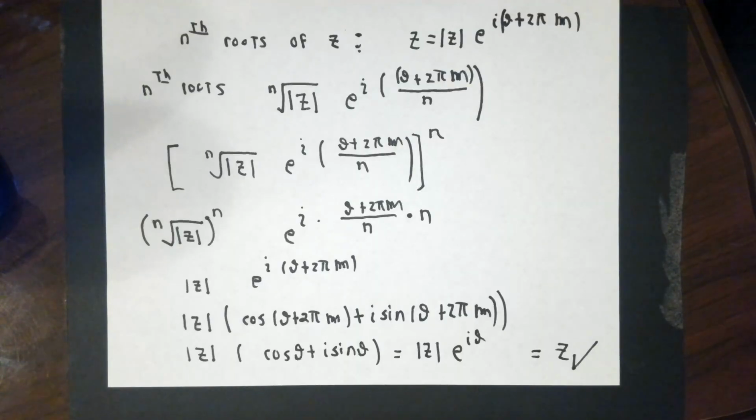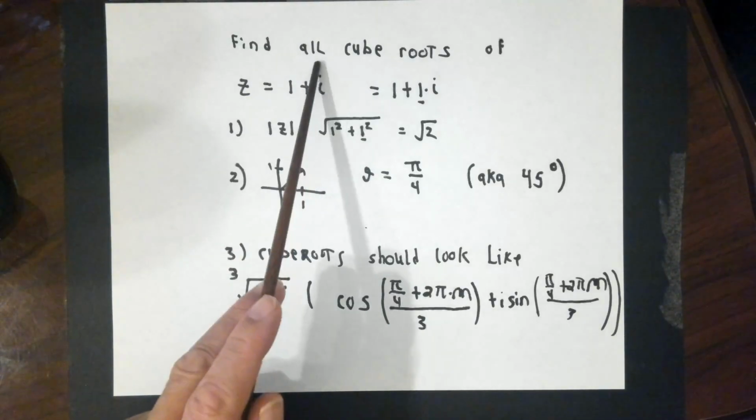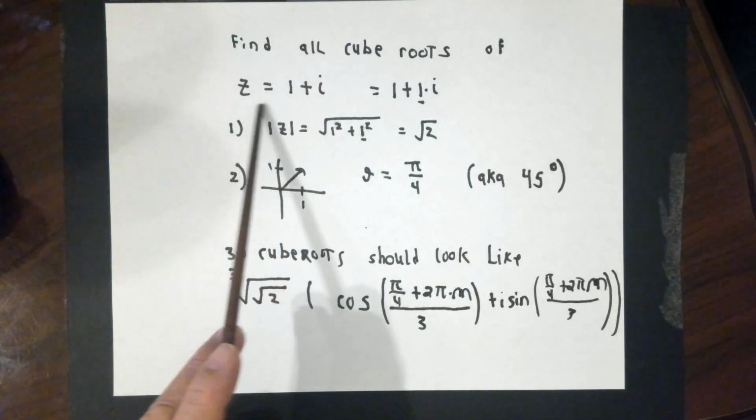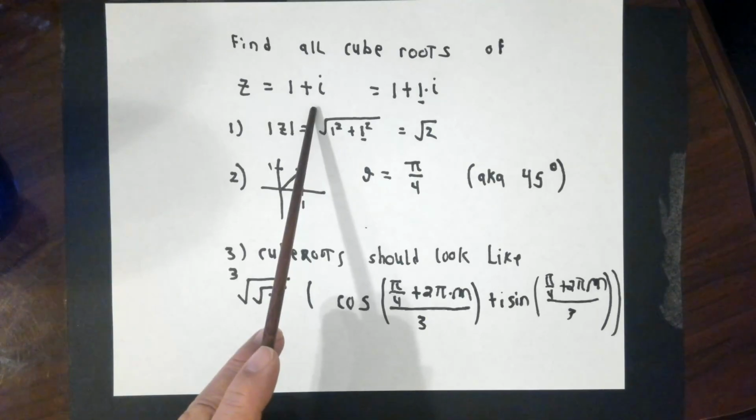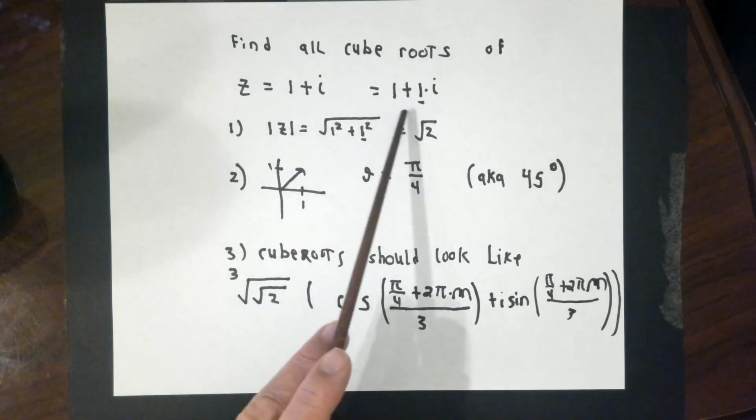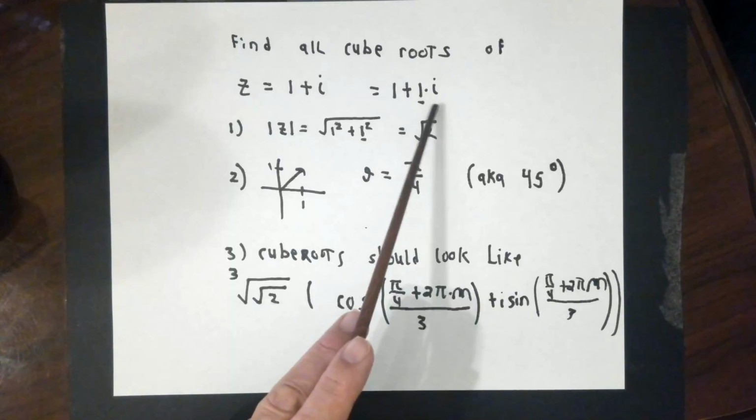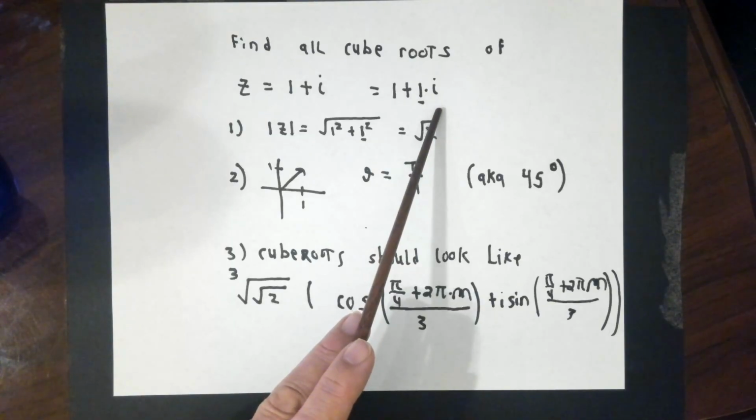At first glance, it might seem like you're going to get an infinite number of cube roots, for instance. That doesn't turn out to be the case, as we're going to see in an example. So let's find all cube roots of z equals 1 plus i. I'm writing this as 1 plus 1 with a little underscore i to keep straight where the numbers are coming from.